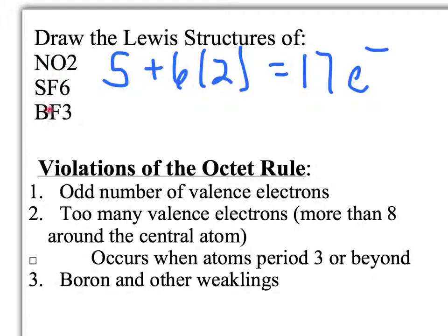The next one, SF6. Here we're trying to put 6 things around a central atom. And this does occur. Sulfur hexafluoride, it's a fun compound actually. Look it up on YouTube and watch some videos of what happens to your voice when you breathe in a little bit of sulfur hexafluoride.